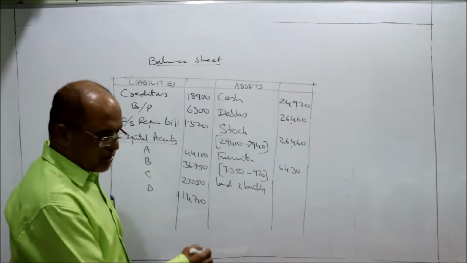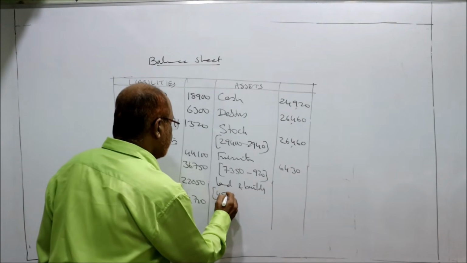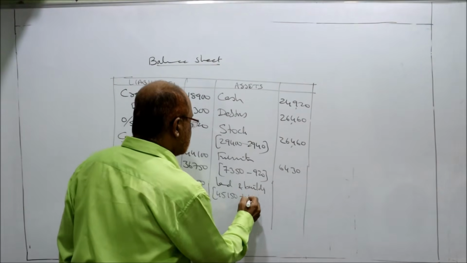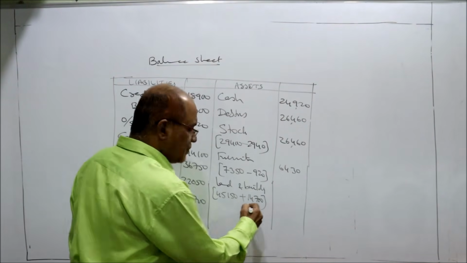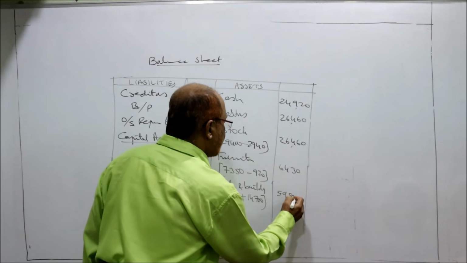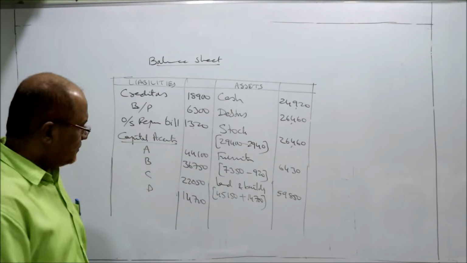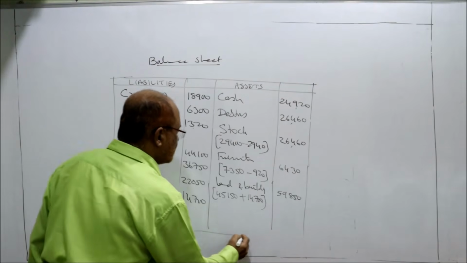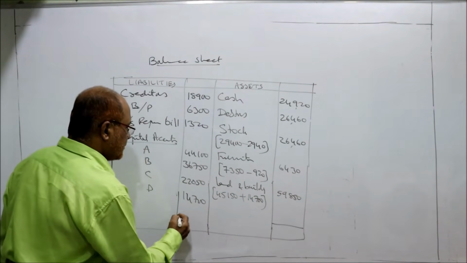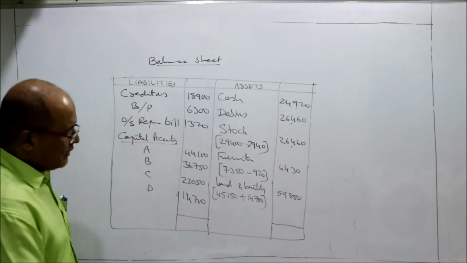Land and building is 45,150 plus 14,700, which is 59,850. That's all. The total is 144,120.